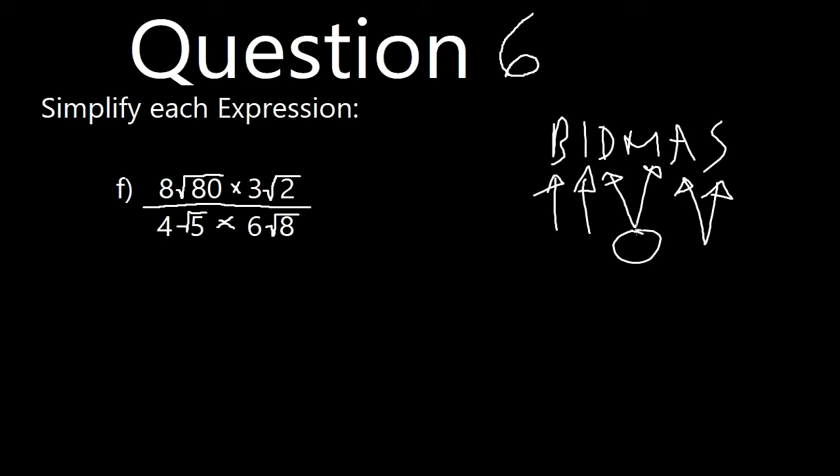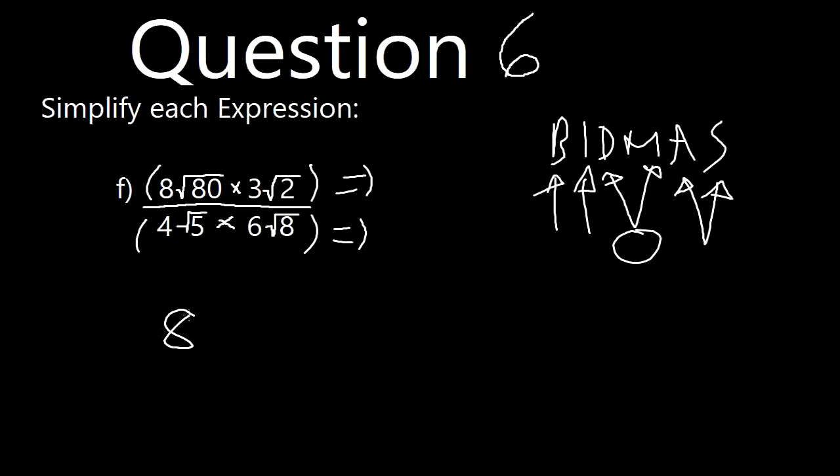So we can stick with our strategy from before, which is going to be pretending we have brackets up here and pretending we have brackets down here, and doing each the numerator and the denominator separately. So let's go through and simplify our numerator first.